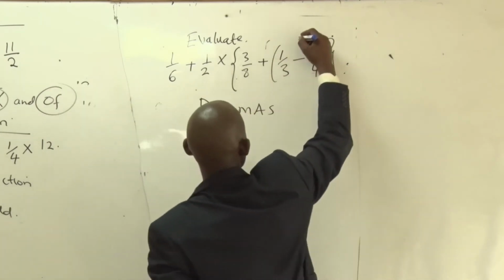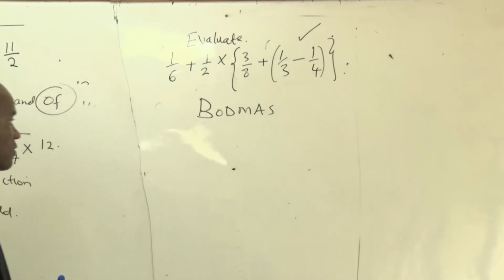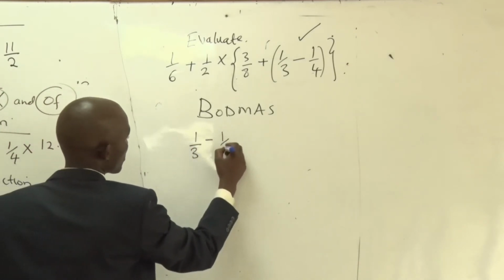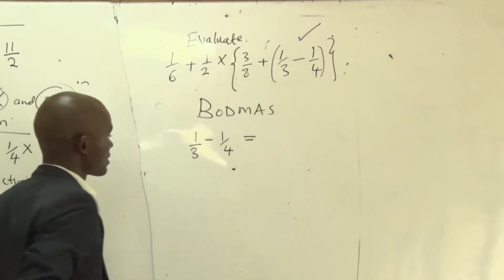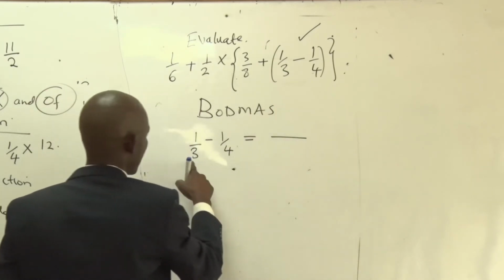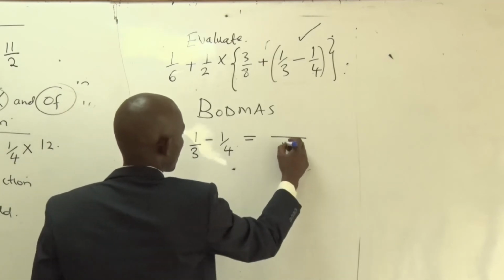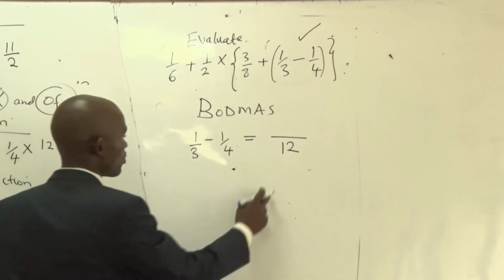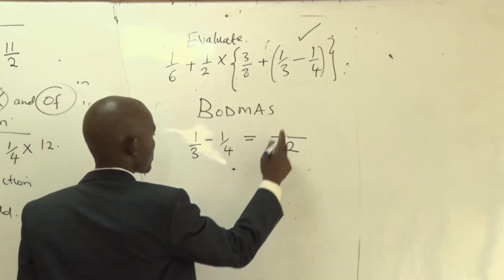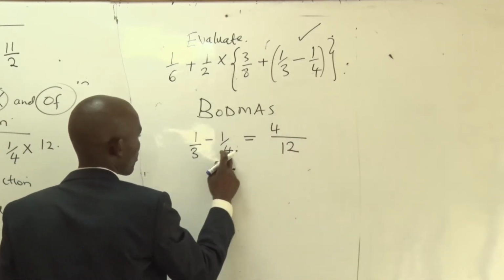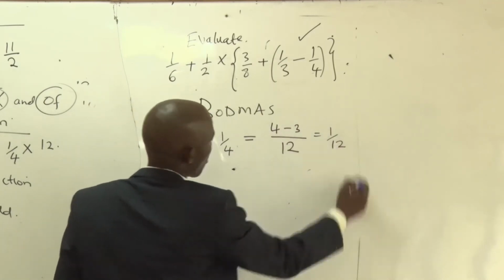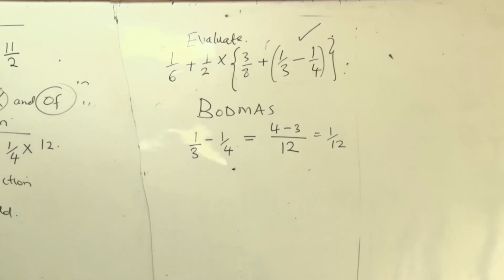So we start from this point, where you have a third minus a quarter. Remember our LCM: 3 times 4, the LCM is 12. 3 goes here 4 times, 4 times 1 is 4, 4 goes here 3 times, so the answer becomes 1 over 12.